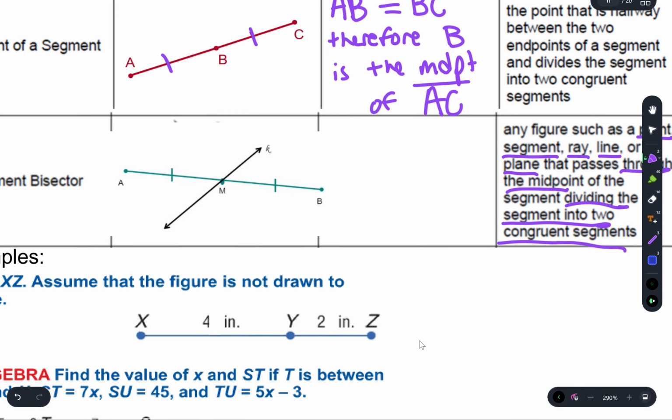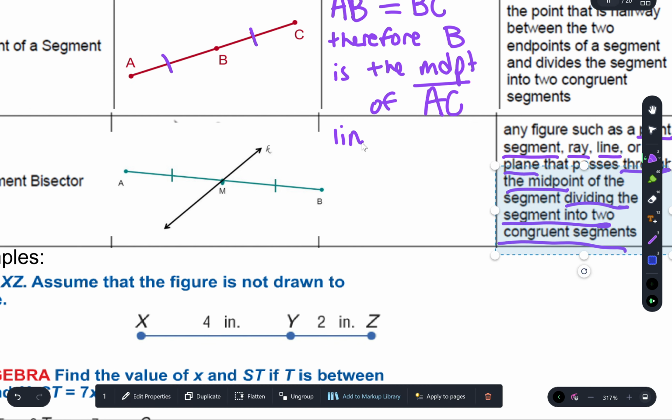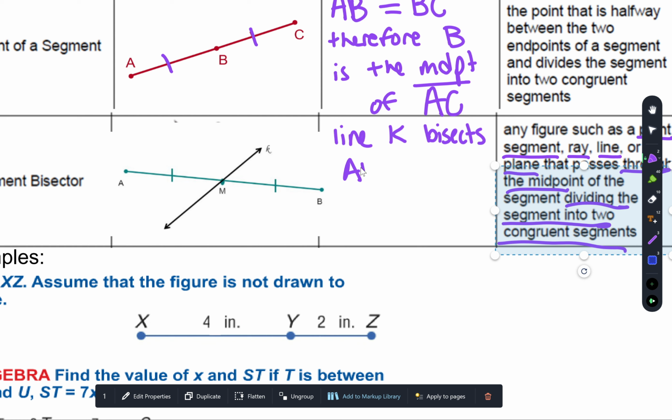So if I'm looking at this one right here, I have the segment AB, and then I have this line K that goes through it. So I could say line K bisects, aka cuts in half, segment AB.